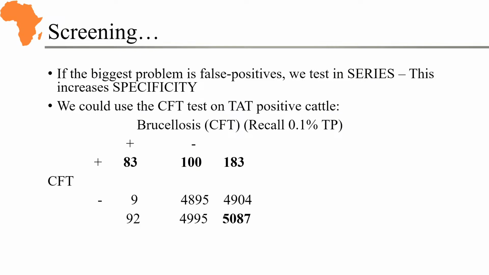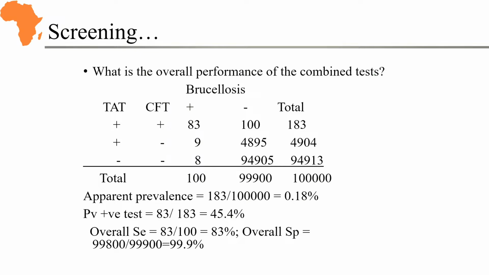So now, we have 83 true positives, 100 as false positives, 9 as false negatives, and then we have true negatives as 4,800. Recall the prevalence is 0.1.